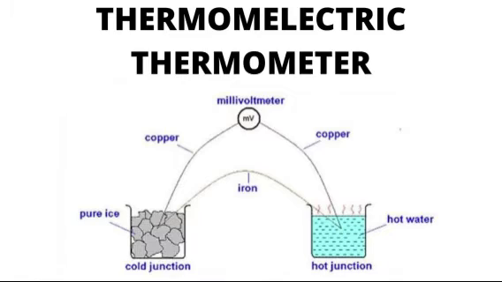Now the third thermometer I'll be looking at today is the thermoelectric thermometer. This one involves a thermocouple, where two metals are joined together, and then one junction of the metal is placed in cold or melting ice, and the other junction is placed in hot water or steam, such that the difference between the cold junction and the hot junction will give rise to a current in the thermocouple.